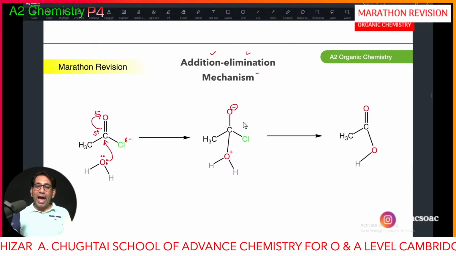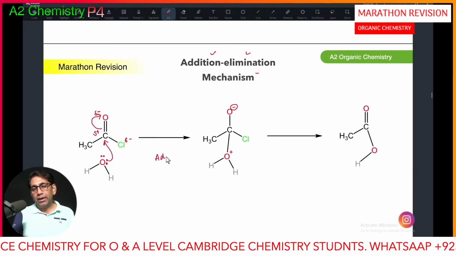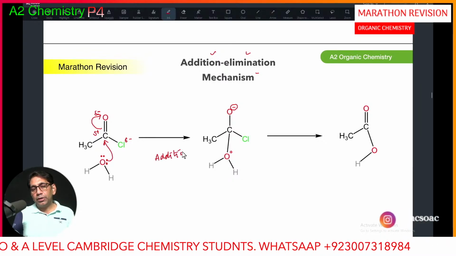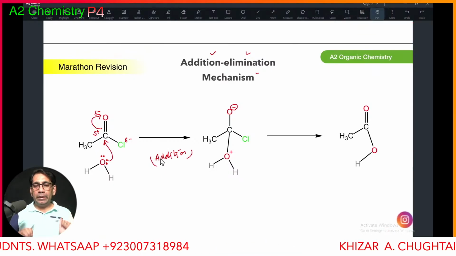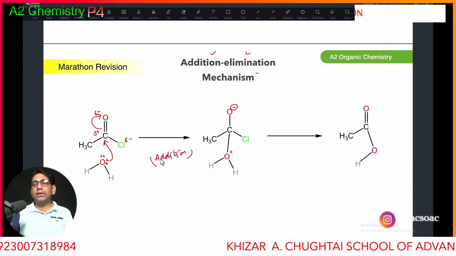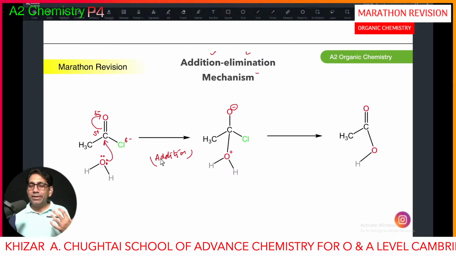But in this one step, there is addition. I mean, 2 molecules are added up. So that's why the first step is called addition.